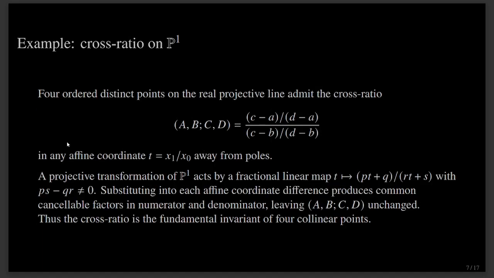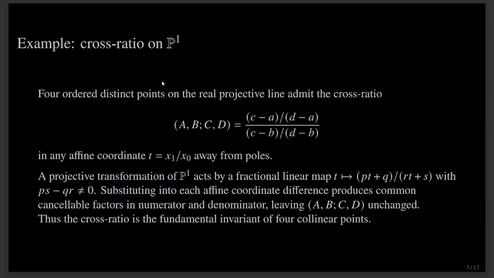Okay. Now on the cross ratio. On the real projective line in one dimension, this will be an affine coordinate t of x, x sub 1 over x sub 0, away from the poles of this.